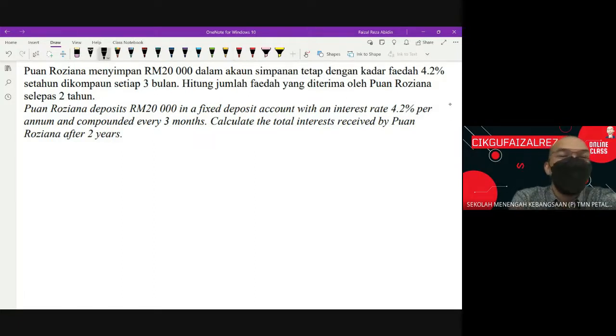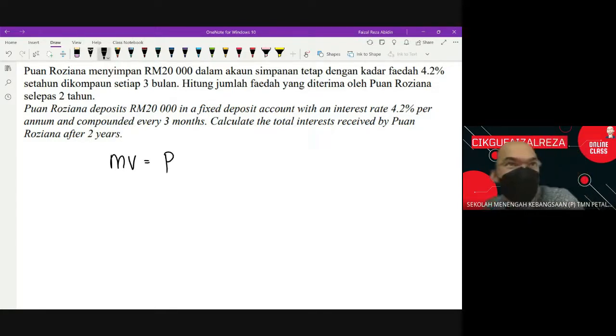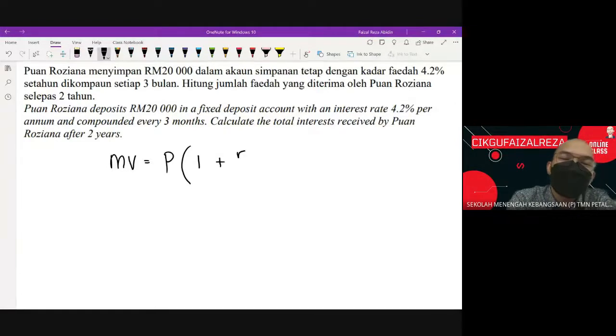Okay, our formula: matured value equals, we have our principal first, isn't it? In the bracket there is going to be 1 plus R over N. Close the bracket with the power of NT, isn't it?